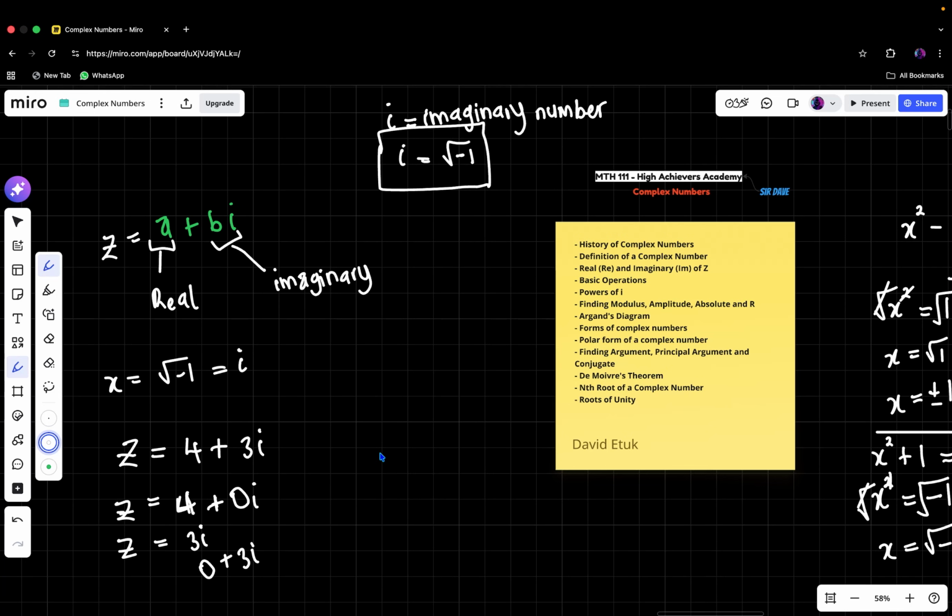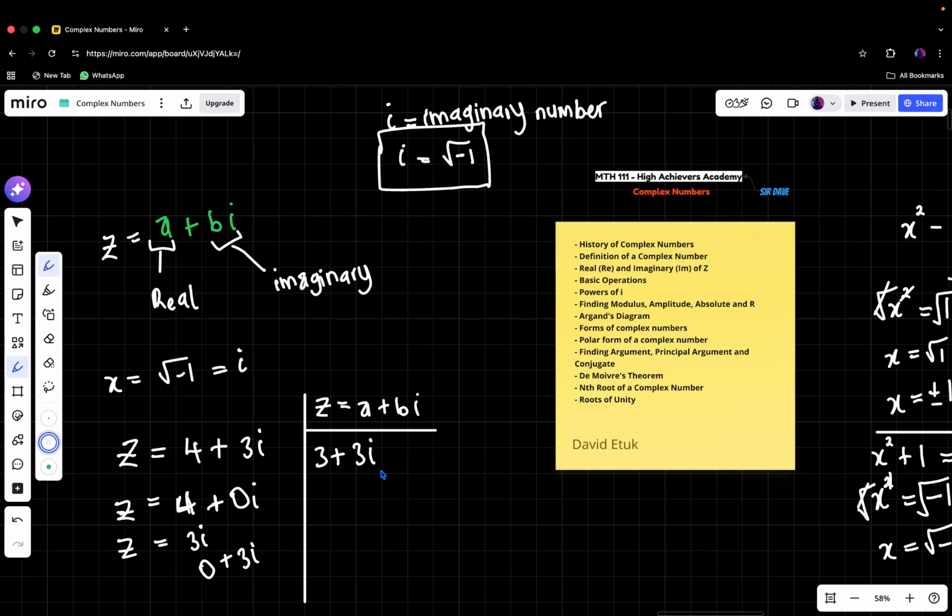Now, there's one thing you need to note in this part of complex numbers is that they don't add up, right? They don't add up. So I said a plus bi. So z is equal to a plus bi. If you're given questions to solve on that and they say add 3 plus 3i, ladies and gentlemen, you can't add these two up.